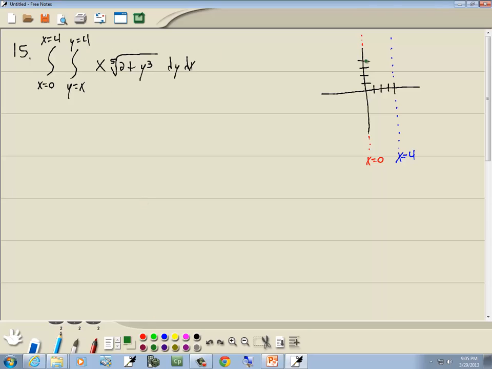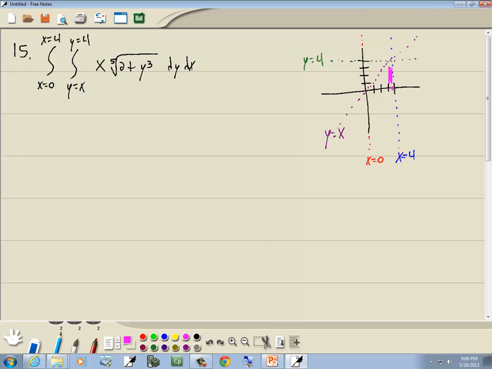We've got y is equal to 4, which should look like that. And then the other one is y is equal to x, which looks like that. So our region is bounded by all that.